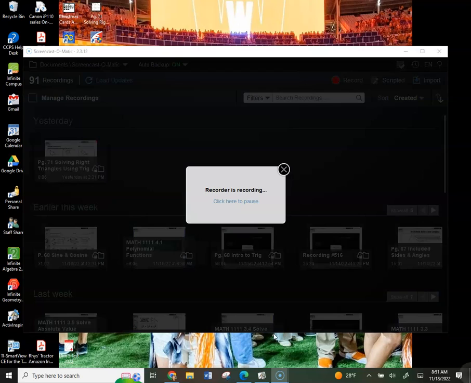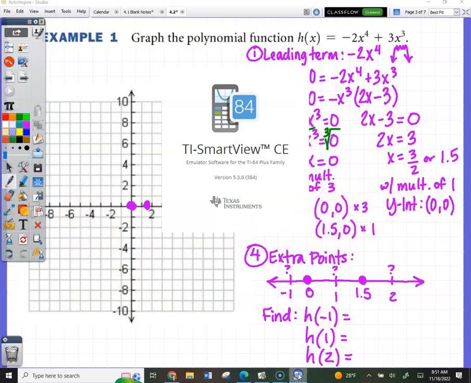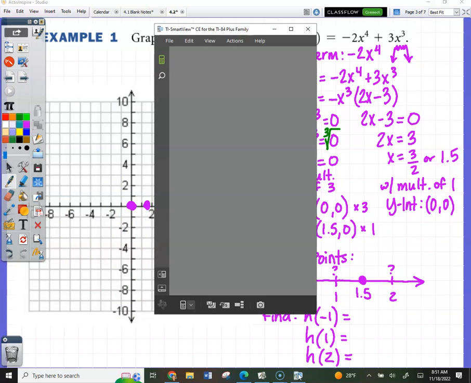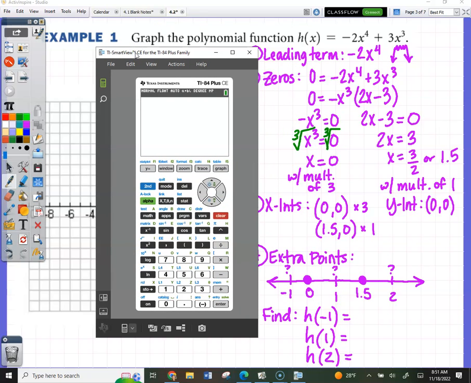Sometimes that thing disappears. You should get -5, 1, and -8, right? So, typing the function, you got -2, parentheses, I'm checking -1 to the 4th power.